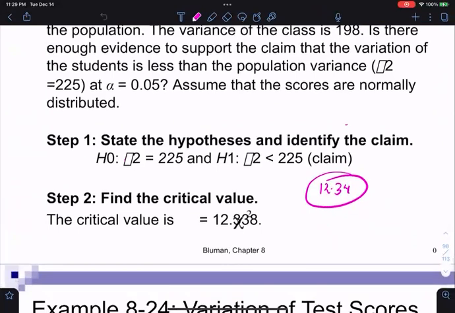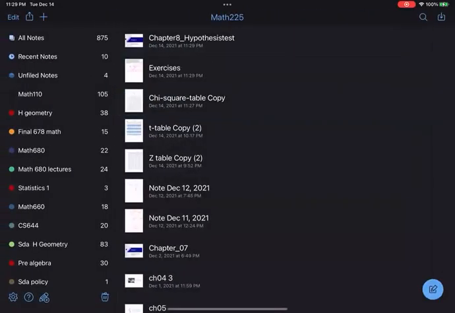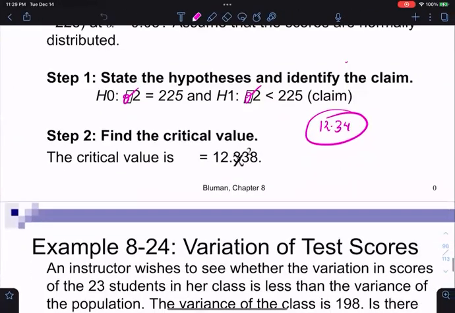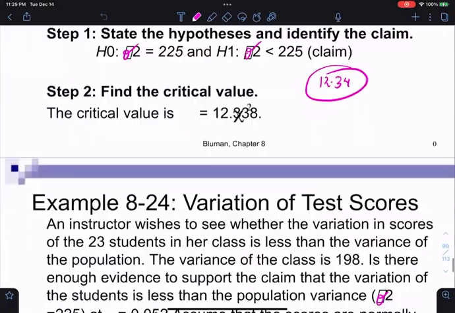Here they should say sigma, that's the claim. Let me see if I have the same. Yep, I have the same.